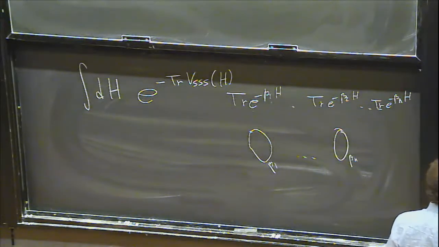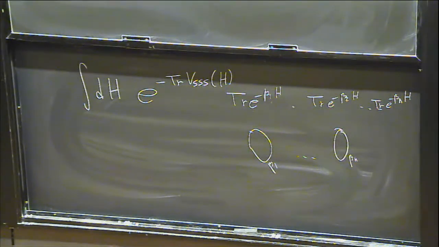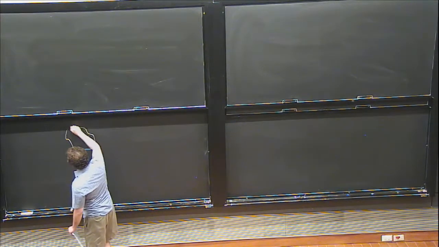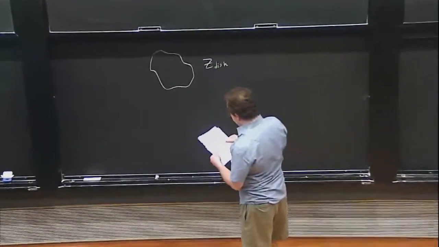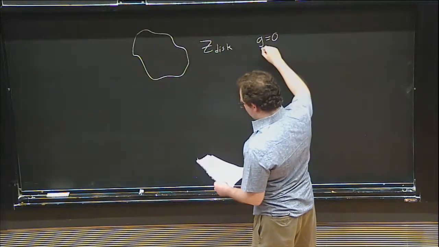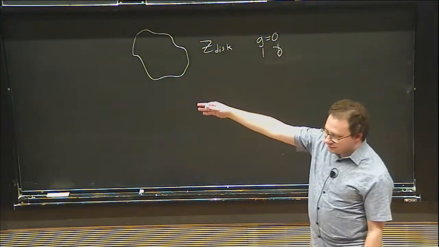Okay, now, just to give you a little flavor of how it works, I'll skip this board that nobody can see, I guess, and jump over here. The most basic ingredients are the disk computation. That's like genus 0 and one boundary in the language of the matrix model.